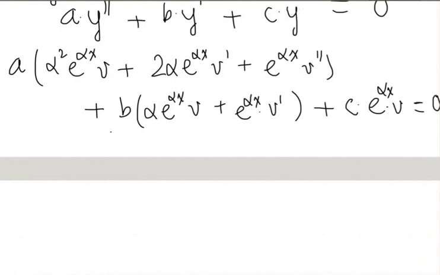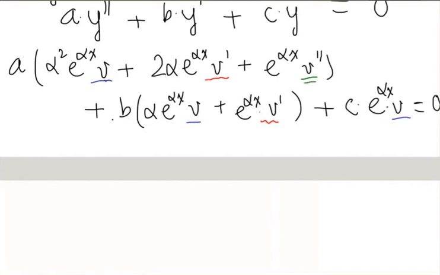For example, after we distribute, we see this is v alone, and we distribute here, we also see v alone and v alone. These things should be collected together. And next we look at v prime, first derivative of v, and this is also first derivative of v. And lastly, we have second derivative. That's how we collect like terms in this sense.